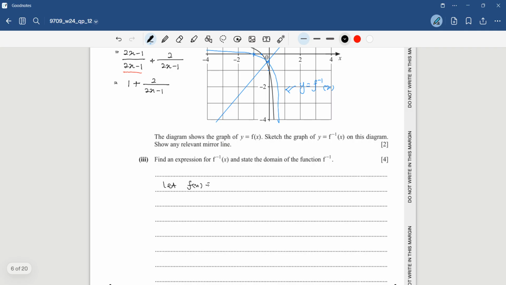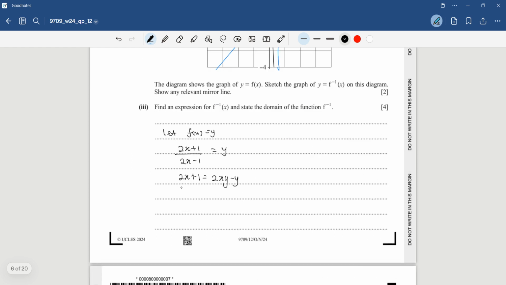So we let f(x) equal y, which means (2x plus 1) over (2x minus 1) equals y. So 2x plus 1 equals 2xy minus y. So it's going to be 2xy minus 2x equals 1 plus y.